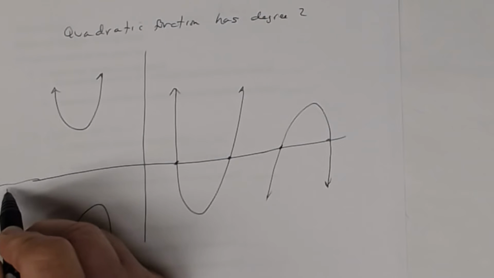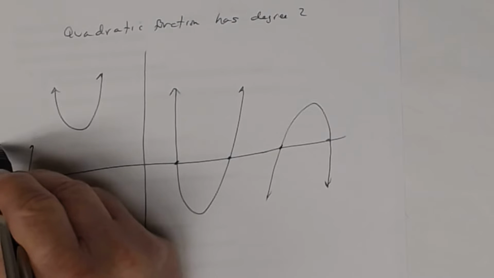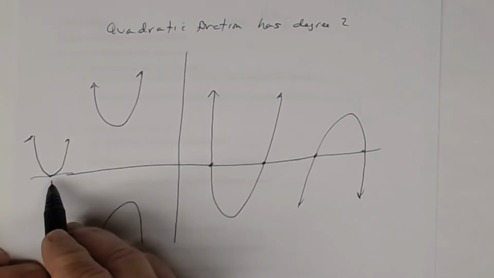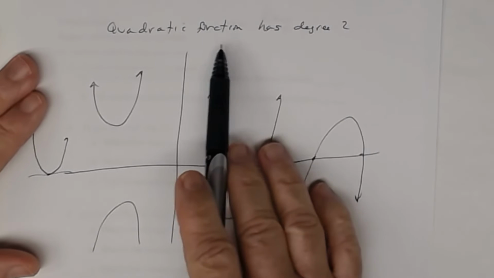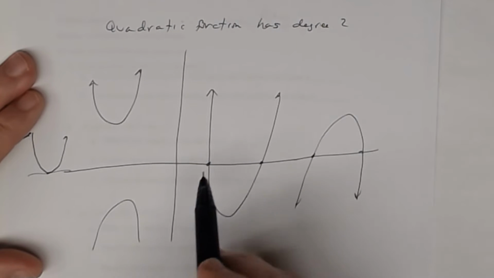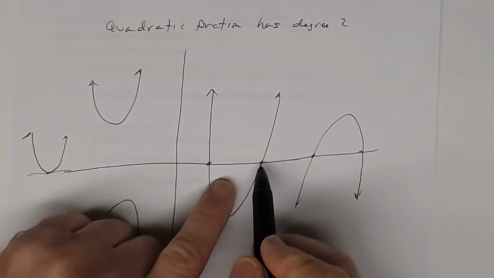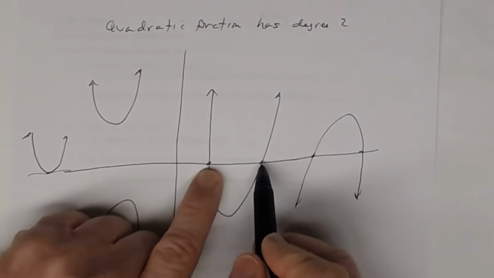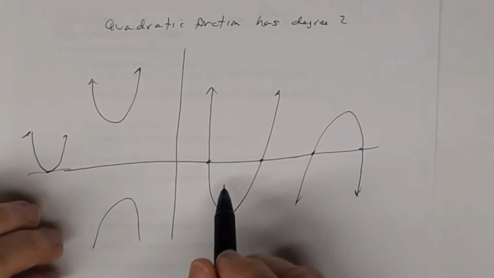Or it could do this right here, where it has just 1 x-intercept, correct? So in terms of x-intercepts, what we should notice is that a quadratic function has degree 2, and the maximum number of x-intercepts is 2. So I had 2 here, 0 here, 1 here, right? So the maximum number is 2.